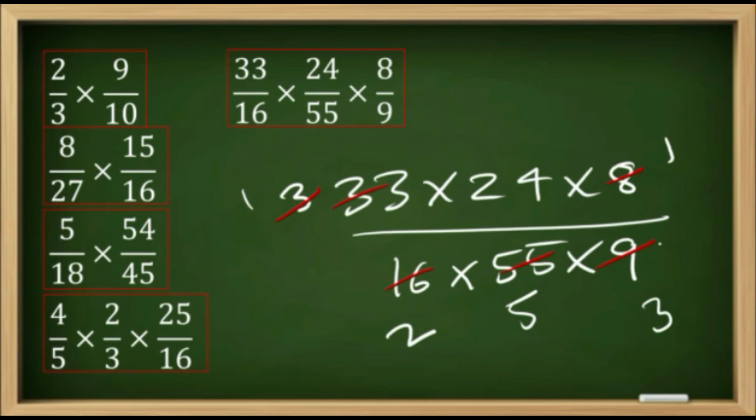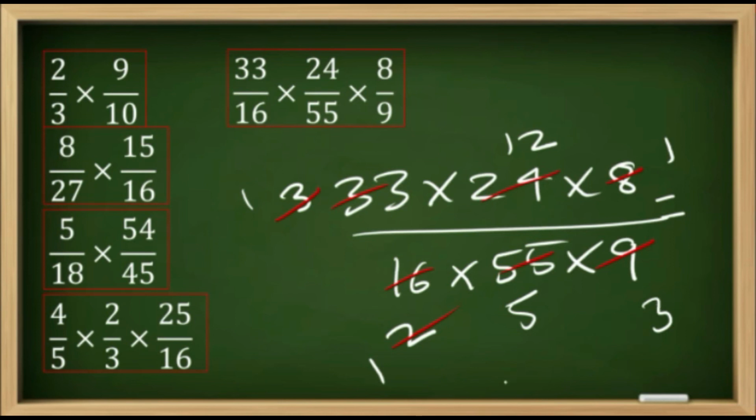So I see nothing can be simplified further, so I'm going to multiply the tops. Wait, something else can also be simplified. So this 2 and this 24 can be simplified. Okay, so 2 ones are 2, 2 12s are 24.